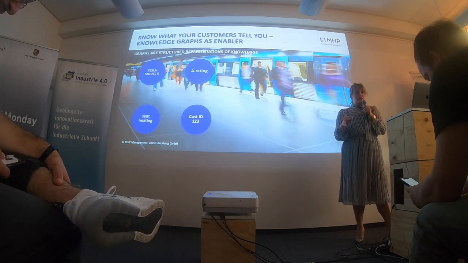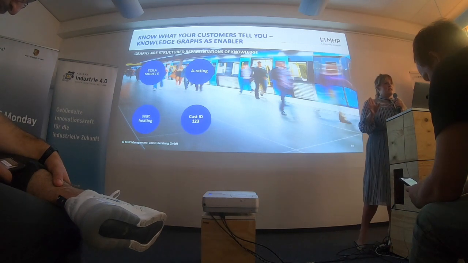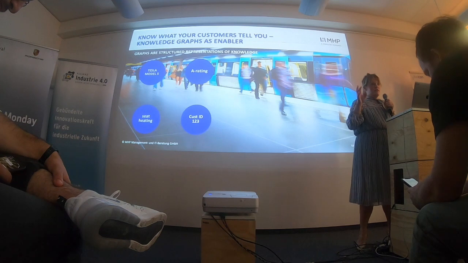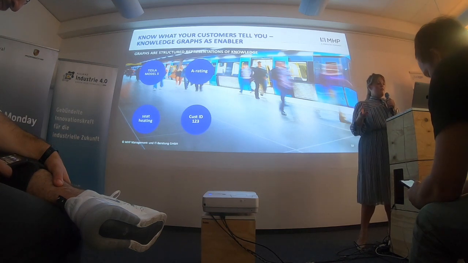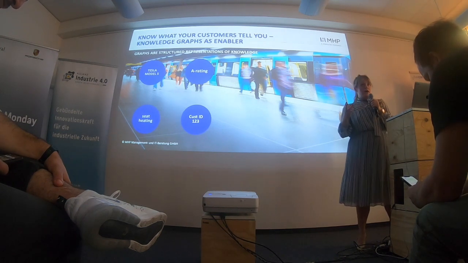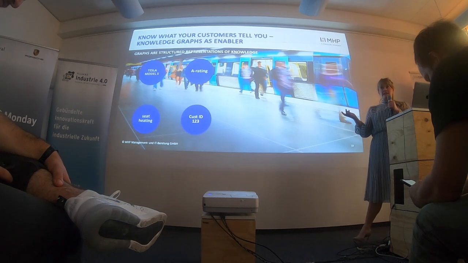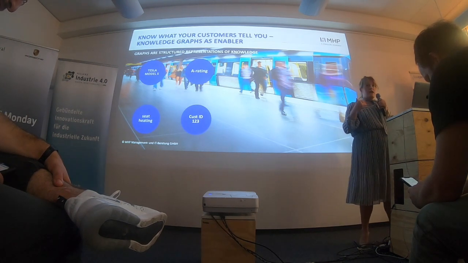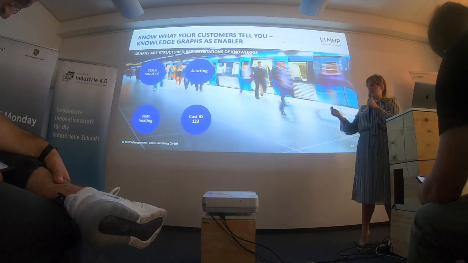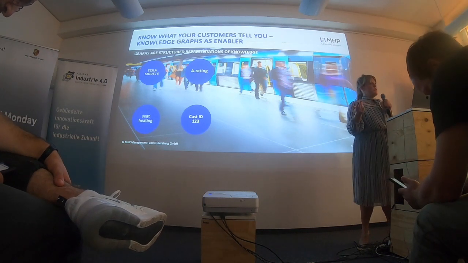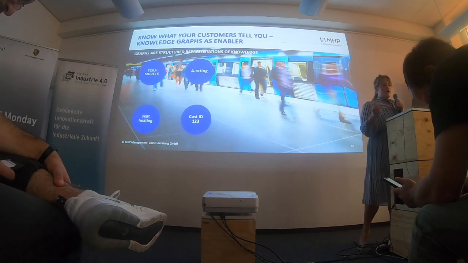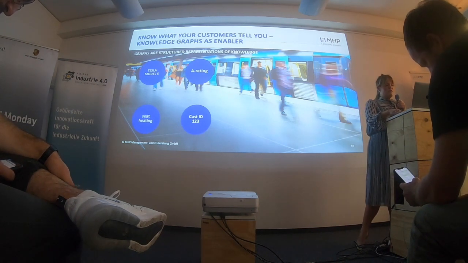Knowledge graphs are networks, and they consist of objects, here shown as bubbles, and they can have a type, for example the Tesla Model S or a customer ID. And they also can have properties, for example this customer ID 123 could have a name and an address and so on, or an A rating, for example.